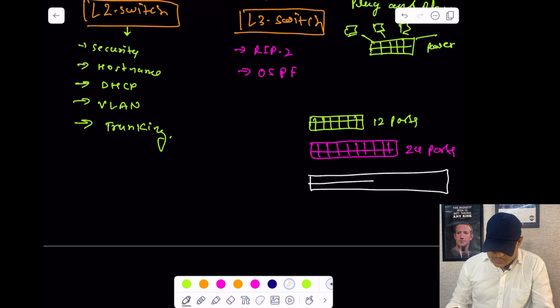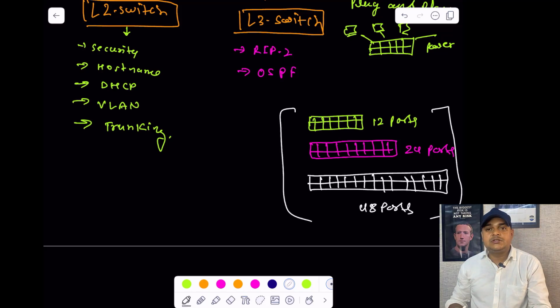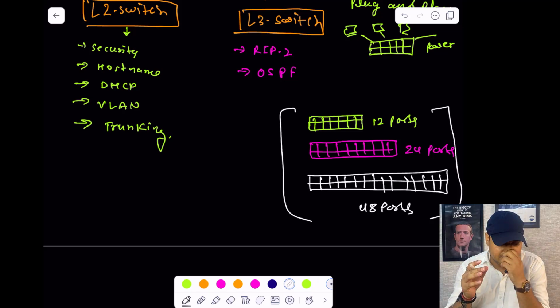So as per the requirement, you can buy any kind of switch. 24 and 48 port switches are available. I am talking about Cisco because we are on the page of CCNA Routing and Switching.